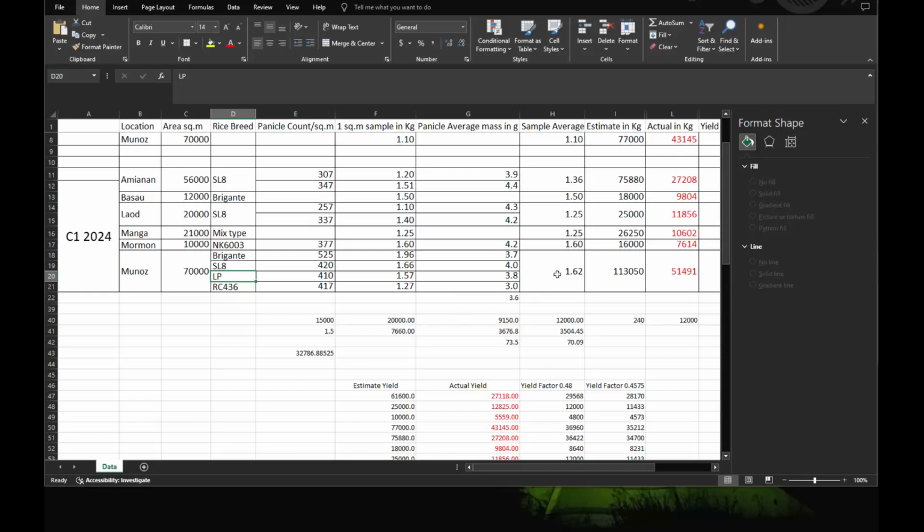My average is 1.6, and the estimate is 113 tons, but my yield is 51 tons. So it's half, around there. So now that I know all of this, I need to understand how to improve this so that it could be like 15 tons per hectare.